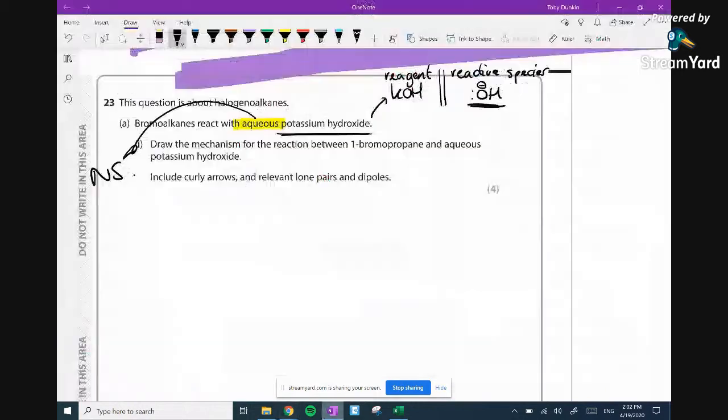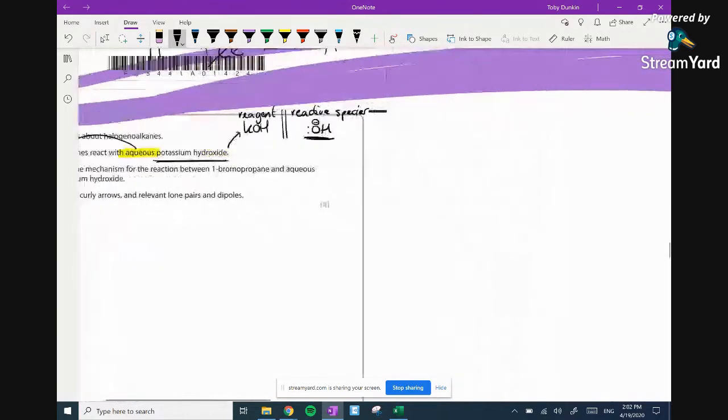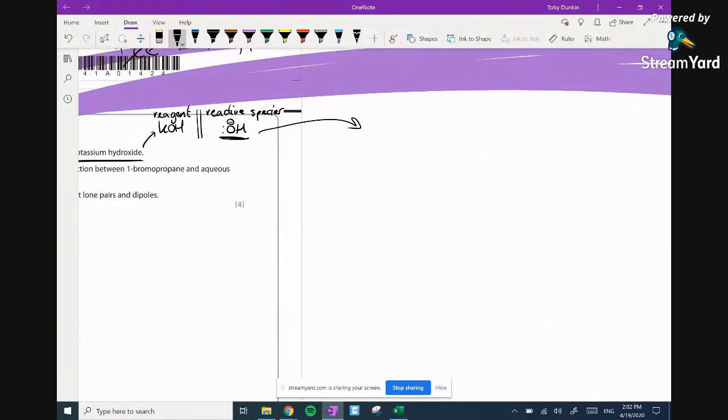Okay, so going back to the question. Question 23, this is where you guys are all up to. I was just talking about how the OH minus ion, that reactive species, can do two roles. We know that the OH minus can do nucleophilic substitution, which is in warm, aqueous (I'll just put AQ), dilute conditions.